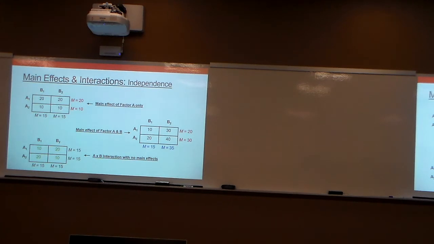We've got a cross effect. At level 1 of A, as we go from B1 to B2, we have a 10-point increase. At A2, as we go from B1 to B2, we have a 10-point decrease, right? So we have an interaction effect here in the absence of main effects. This can happen, it does happen fairly regularly, okay?